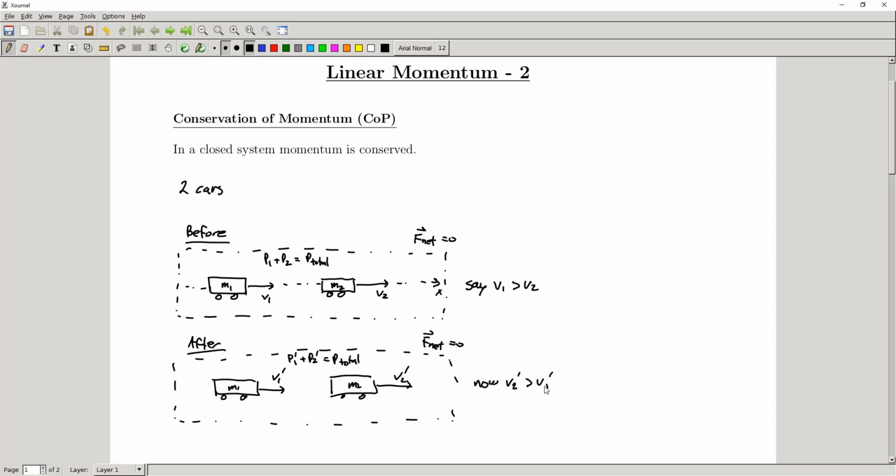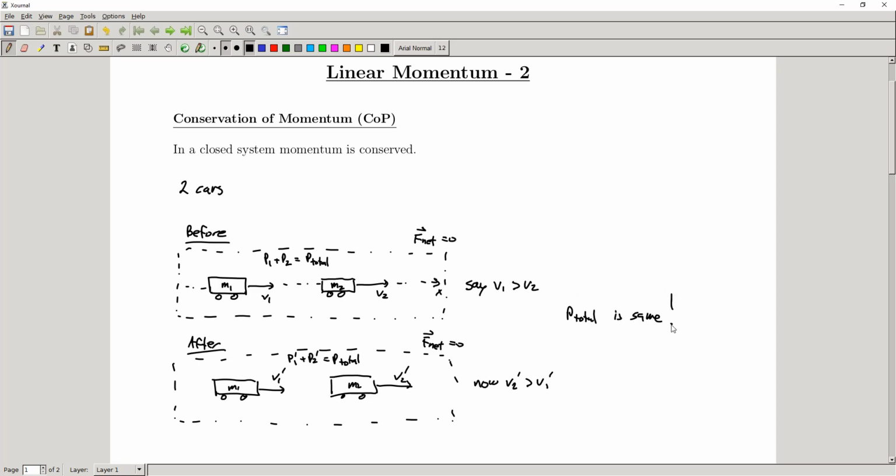So what are we saying here? Originally car 1 is creeping up on car 2, and it's going to smash into car 2. After the collision, V2 prime is larger, so car 2 is speeding off more quickly than car 1, and they're separating. The other important thing to note here is that P total is the same in both.